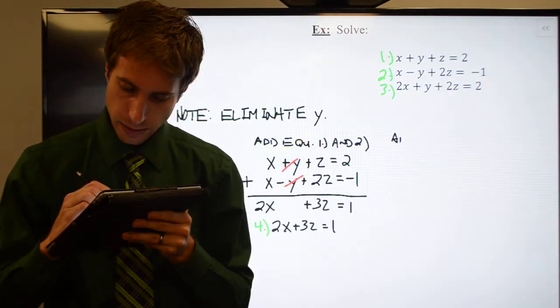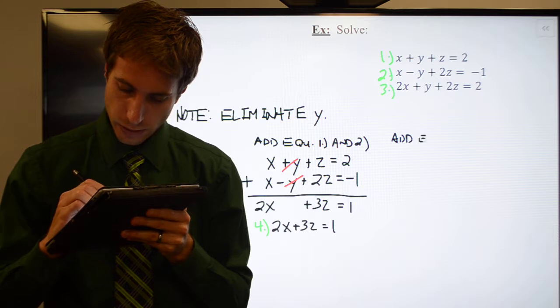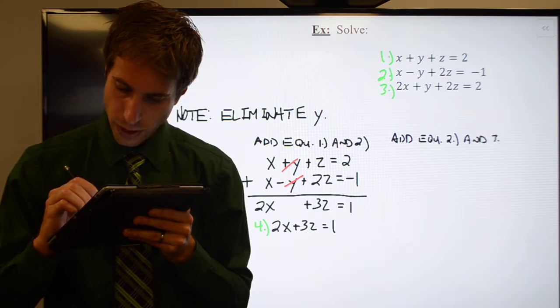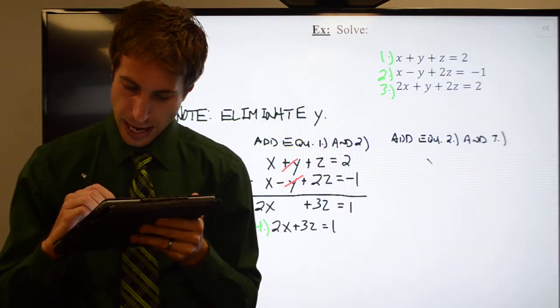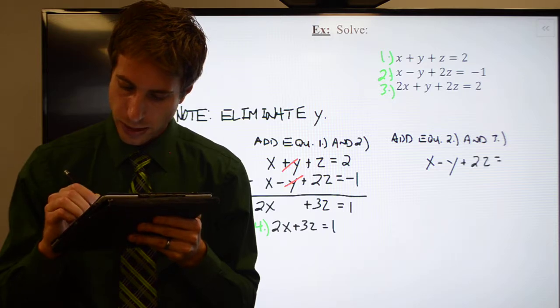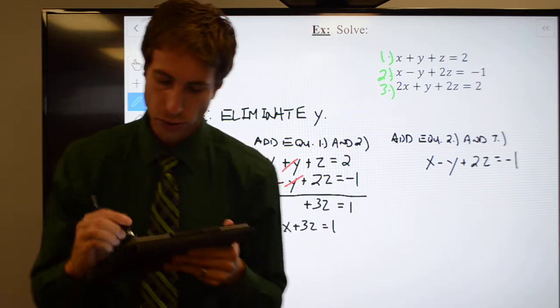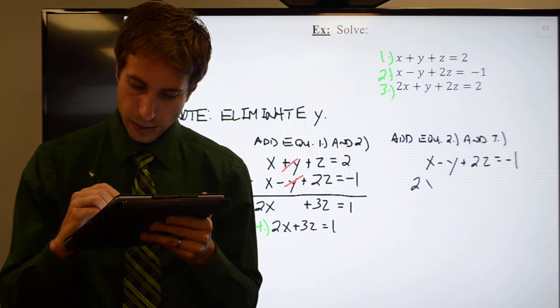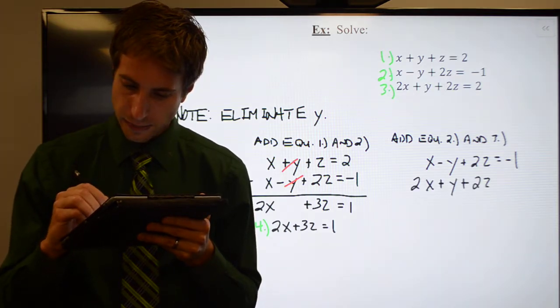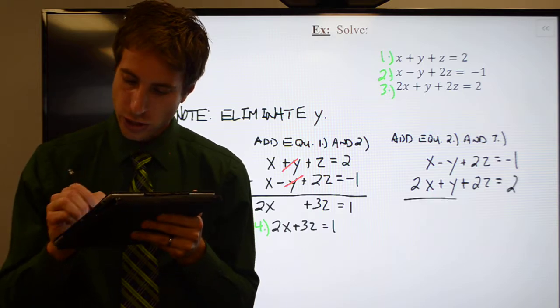All right, here we go. Let's add equation 2 and 3. Well, that's going to be x minus y plus 2z is equal to a negative 1. That's equation number 2. And 2x plus y plus 2z is equal to 2. That's equation number 3.